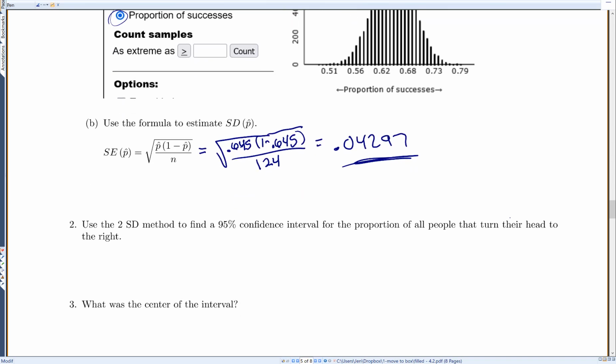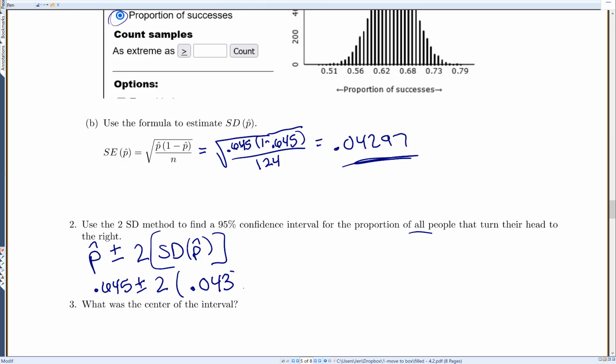So let's use the two-standard deviation method to find a 95% confidence interval for the proportion of all the people that turn their head to the right. So it's p hat plus or minus 2 times the standard deviation of p hat. Our sample proportion was 0.645 plus or minus 2 times the standard deviation, which we just figured out was 0.043.